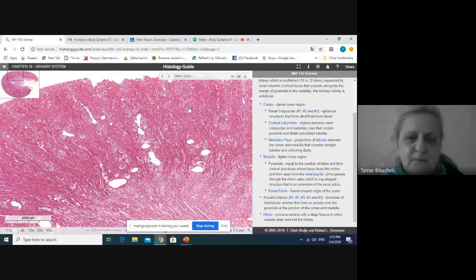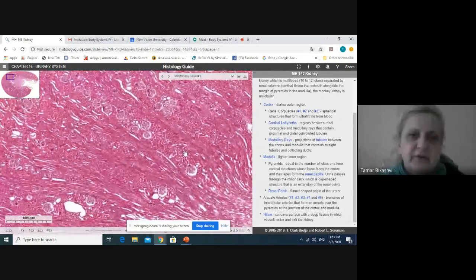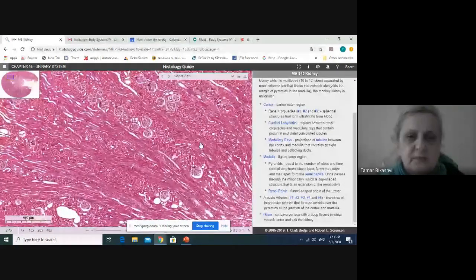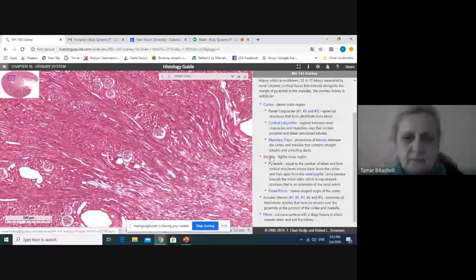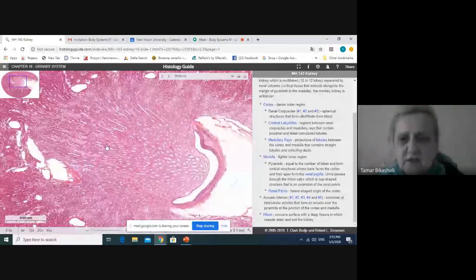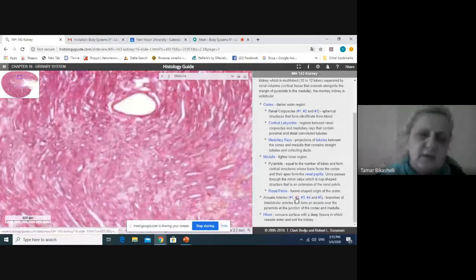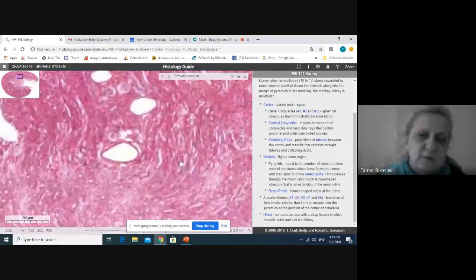Then medullary rays, the tubular system we can see here. Then the medulla, and the renal pelvis here. Now I want to show the arcuate arteries.